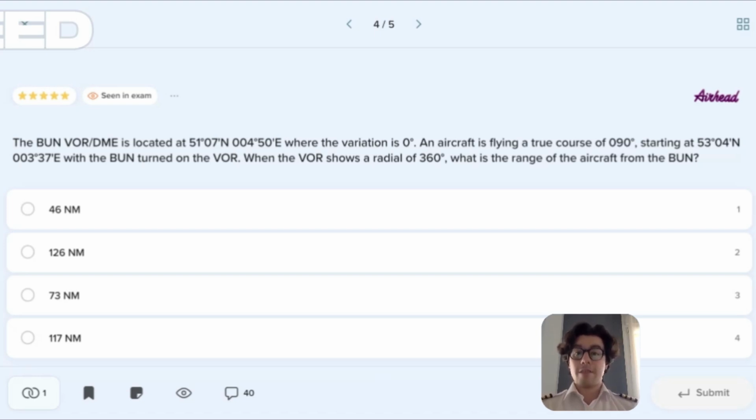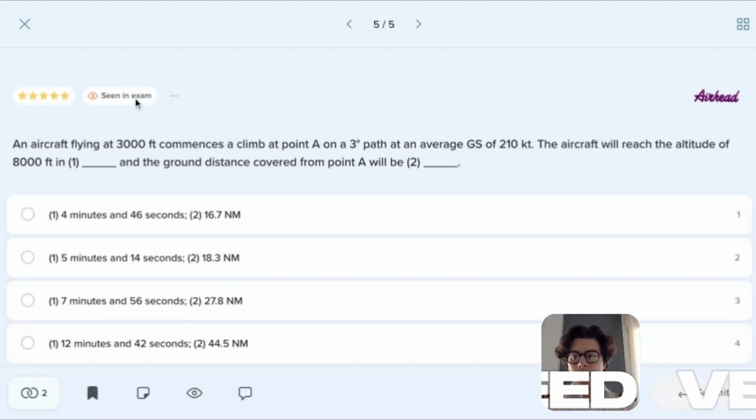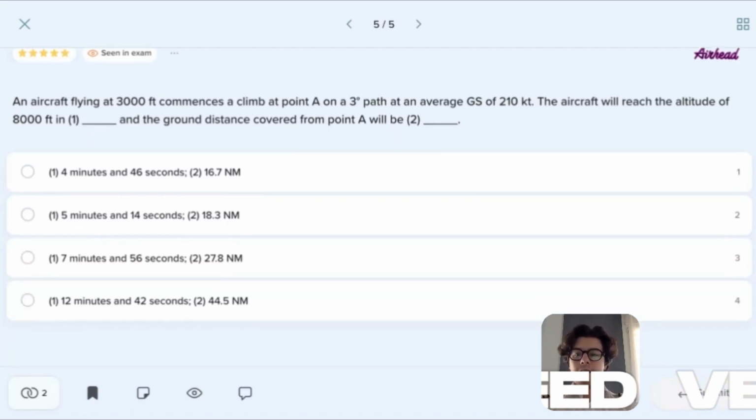Remember, 1 degree is 60 minutes. So 117 nautical miles, we will be above the VOR as we pass directly above it, on this latitude for the VOR and this latitude for the aircraft, which remain unchanged because we are flying at the true course of 090.